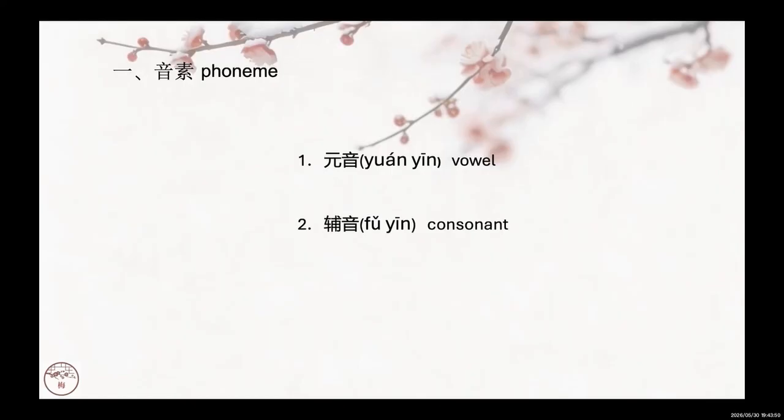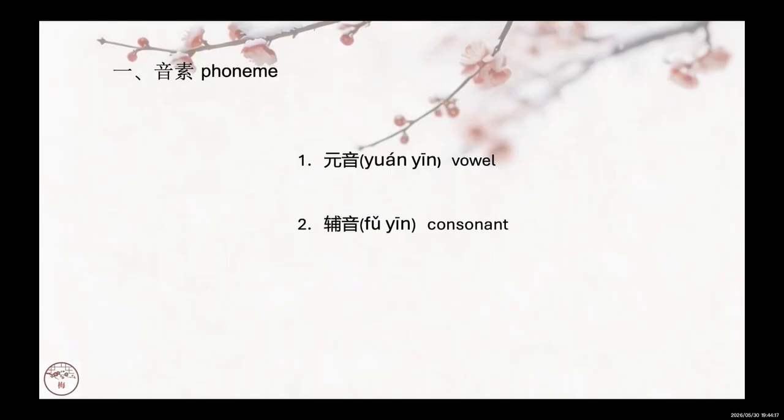After the foundation of China, because global communication was becoming wider and wider, the government decided to utilize a more global method to record the pronunciation for the Chinese language.